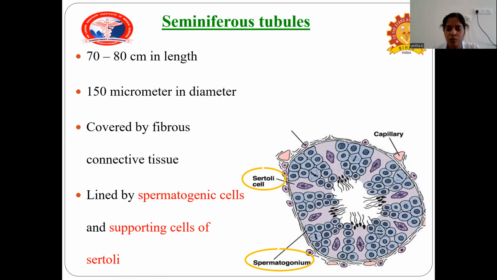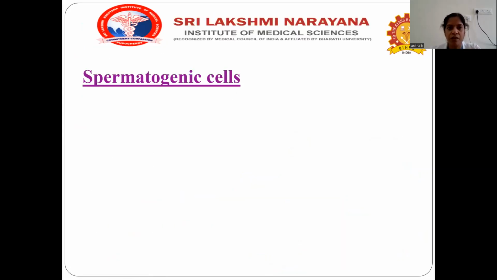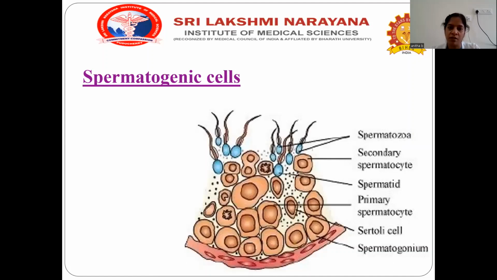This one only we are going to see now. First, we'll see about the spermatogenic cells. They start from below. This is a part of the seminiferous tubule. Just see this first layer. These are the spermatogonia, which are the germ cells.